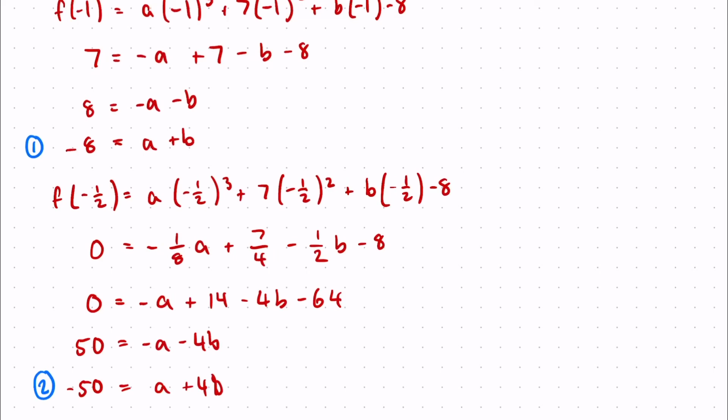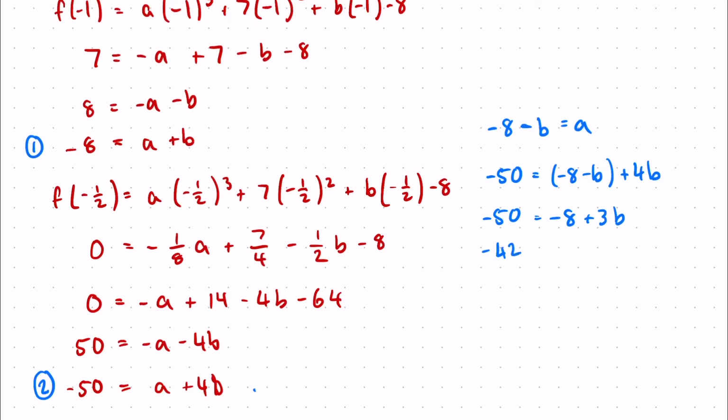So I'm going to rearrange minus 8 equals a plus b to say minus 8 minus b is equal to a, and I'm going to substitute that into equation 2, giving me minus 50 is equal to minus 8 minus b plus 4b, which is minus 50 is equal to minus 8 plus 3b, which is minus 42 is equal to 3b, so b is equal to minus 14.